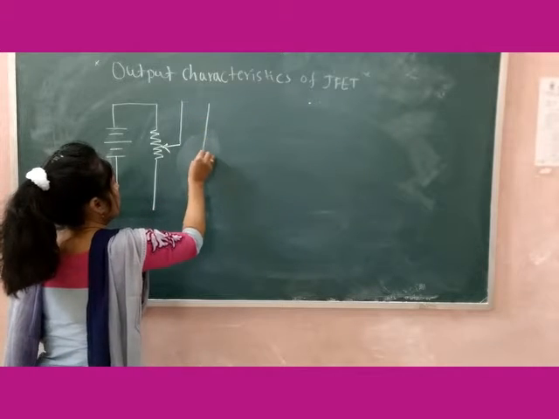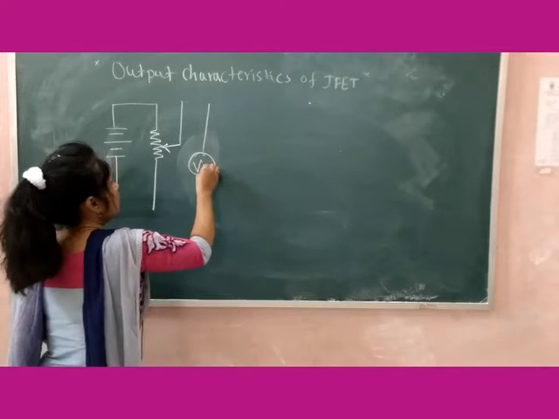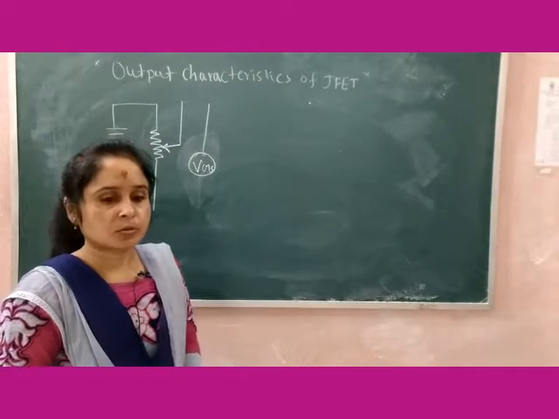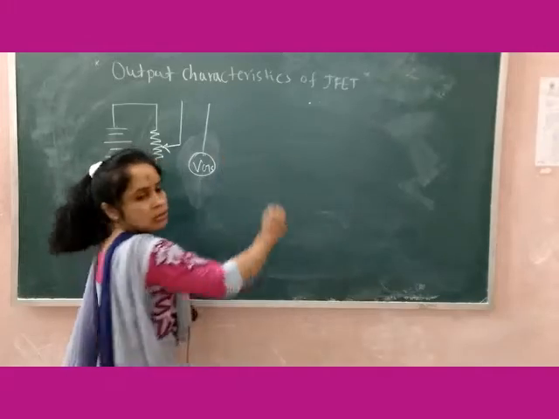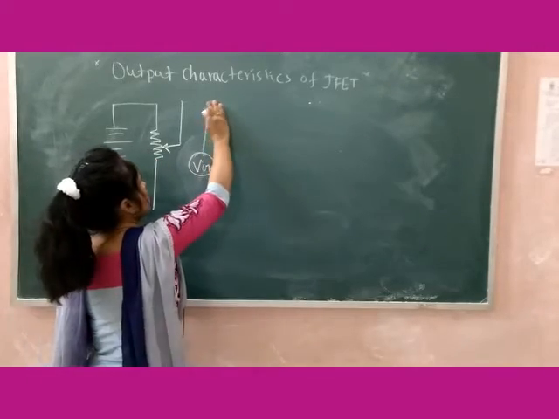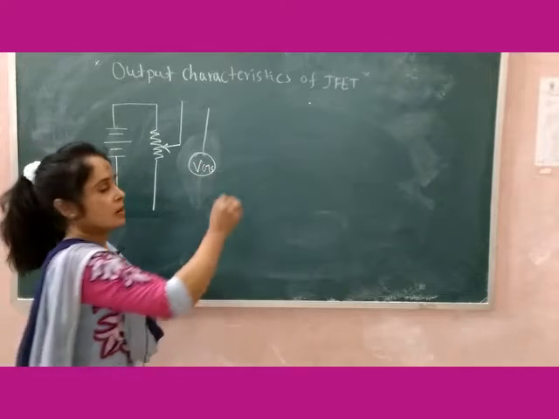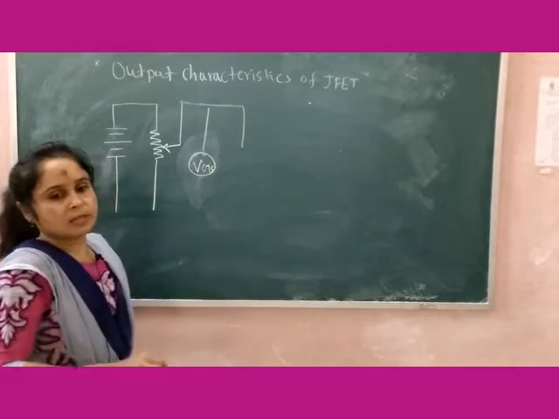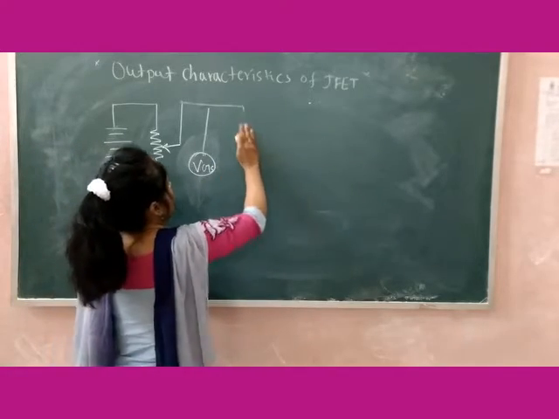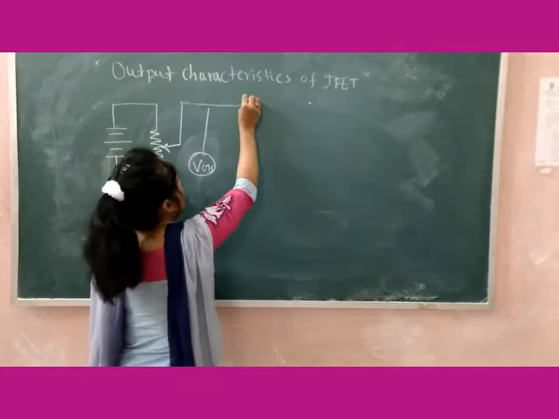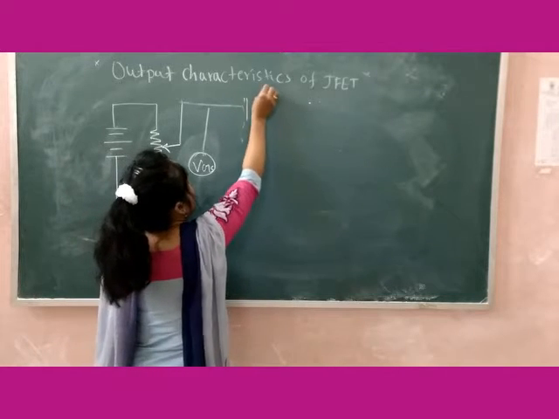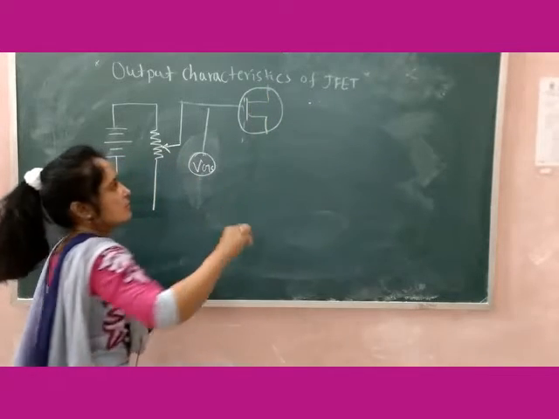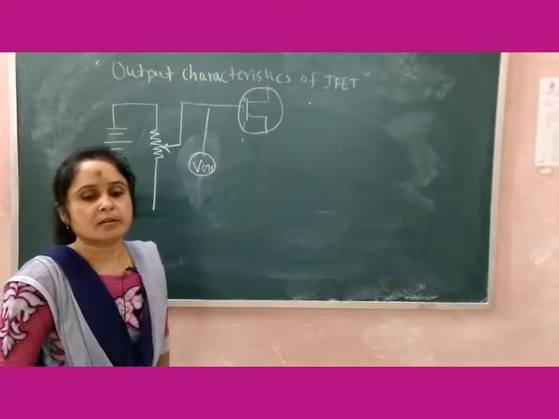Here VGS produces the output characteristics from the current. That is the symbol used for the junction field effect transistor. We use the drain, source and gate terminals.